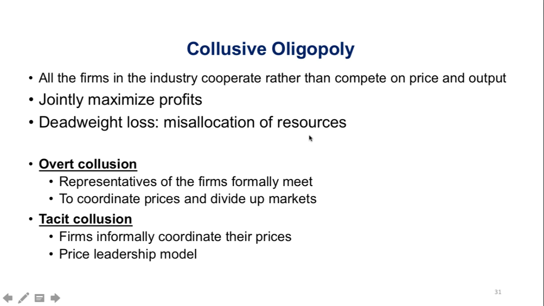There are two types of oligopolies, collusive and competitive oligopolies. In a collusive oligopoly, all the firms in the industry cooperate rather than compete on price and output. Jointly they want to maximize profit, so they want to act as a monopoly, jointly setting the total market price and output.